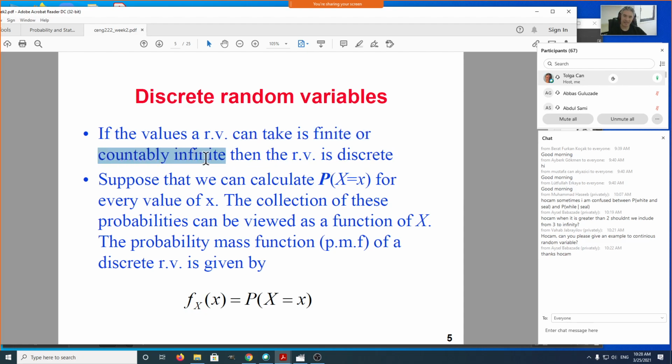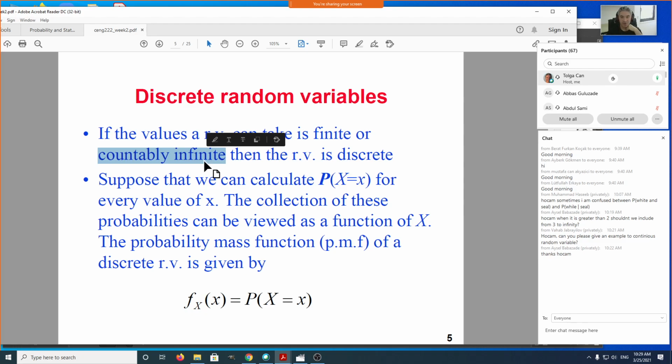Actually, in the second case, when we have, like, the integers, for certain problems, a random variable which can take a lot of integers can be modeled with a discrete distribution.